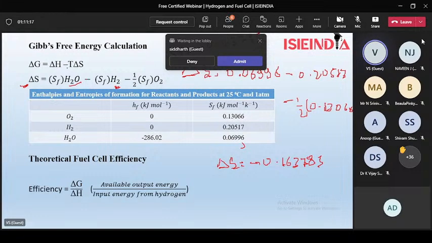Now we will calculate the temperature. At standard temperature it is 25 degrees centigrade, but the entropy is in Kelvin, as we can see from here. To convert Celsius into Kelvin, we add 273.